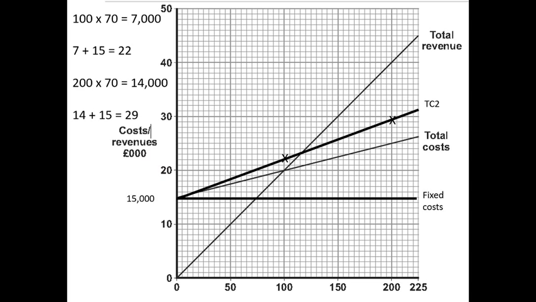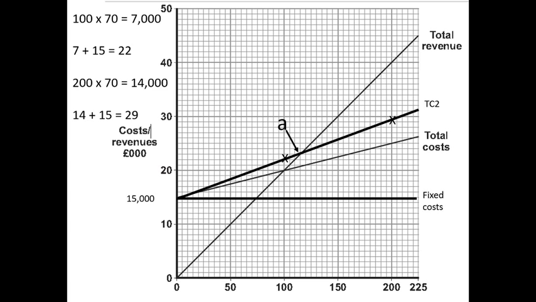What I can do now is move on to part B of the question, which is to identify the new break-even point. I know that the break-even output occurs where the total revenue equals the total cost, so that's that point here. Again, I've been told what to label it. I've been told to label it A, so I'm going to make it really clear.